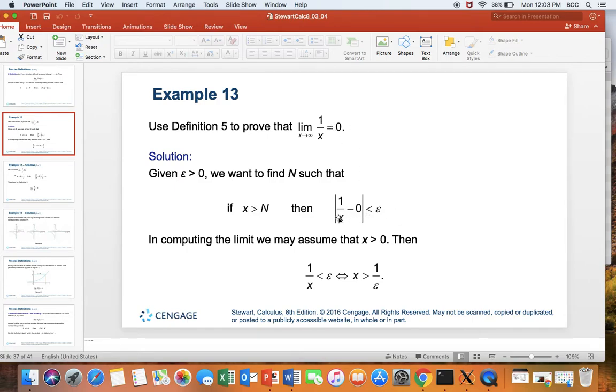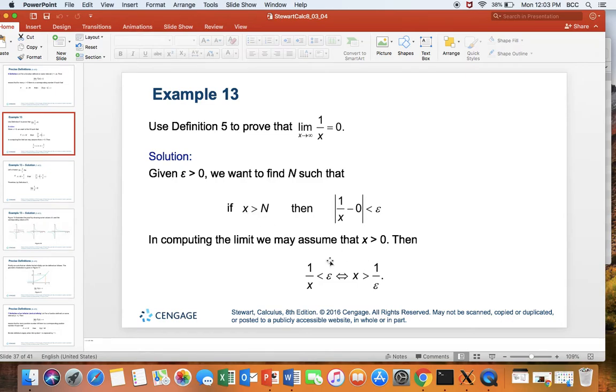Well, let's understand what this means. This means absolute value 1 over x is less than epsilon. Because x is positive, you see we are taking right hand limit to the infinity, you don't need absolute value. So 1 over x is less than epsilon. So cross multiplying, this gives me x is greater than 1 over epsilon. So capital N becomes 1 over epsilon.